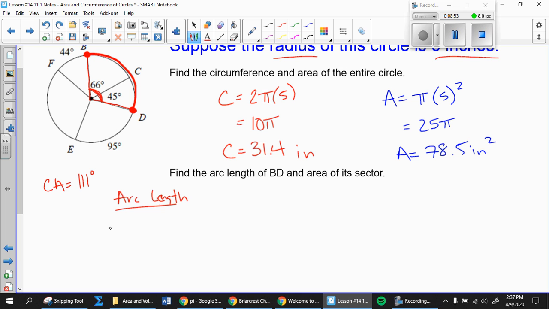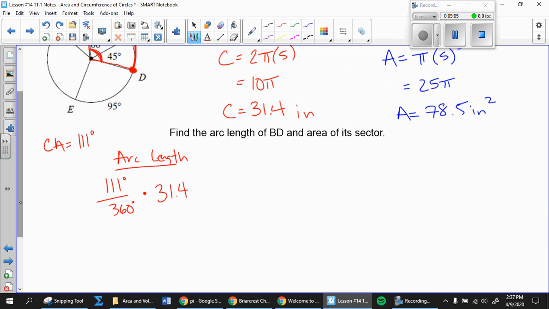To find arc length, we take 111 over 360 times our circumference, which we already found is 31.4. So 31.4 times 111 divided by 360 gives an arc length equal to 9.7, and in this case it was inches.